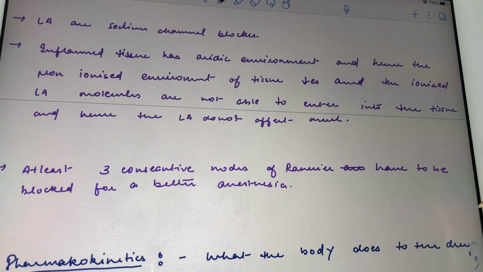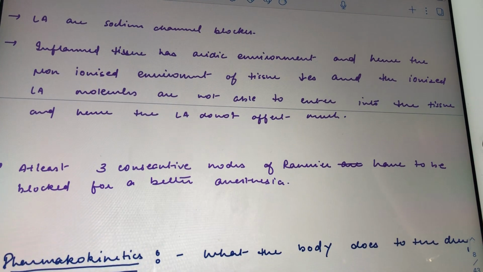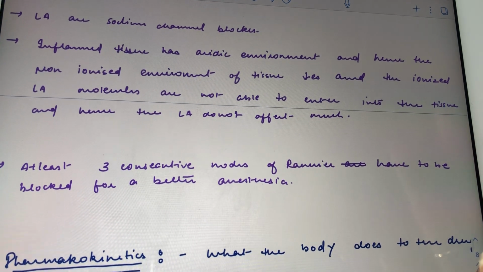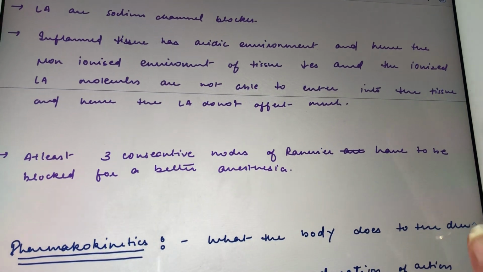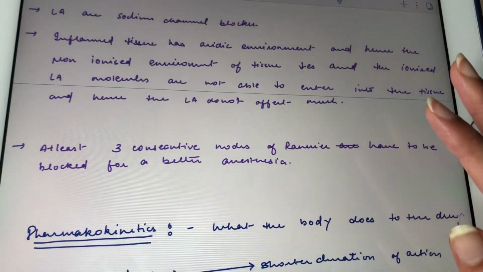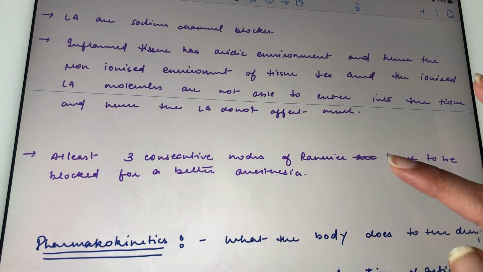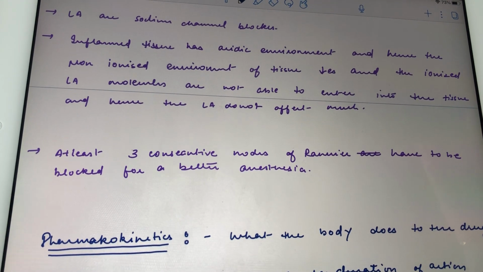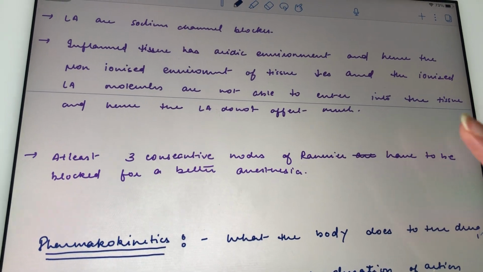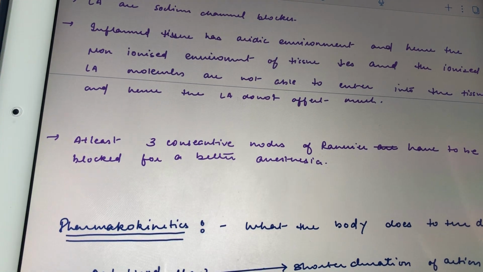To a certain degree the local anesthesia will work, but that will not be clinically helpful for any procedure, so it is useless at that point. Hence, for these conditions, firstly infection control is required.